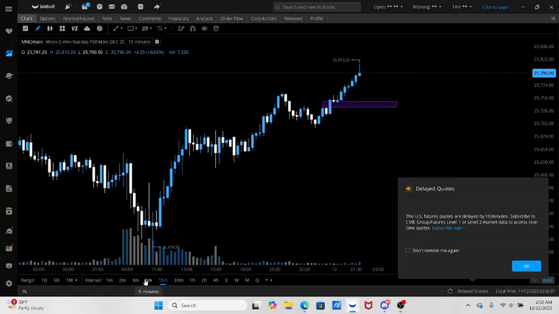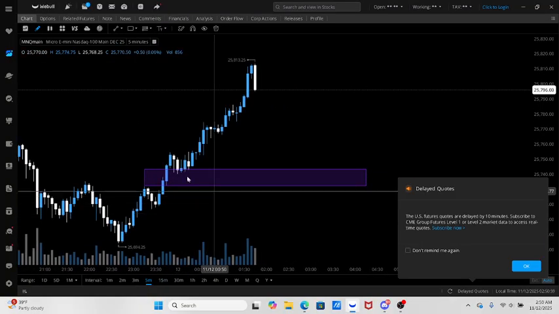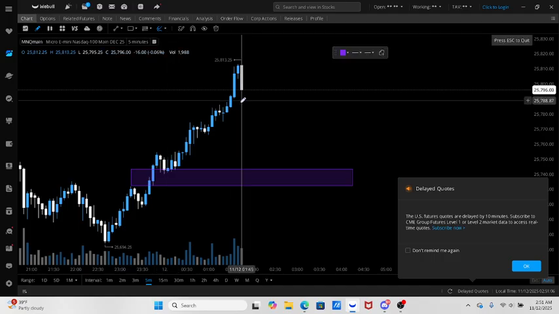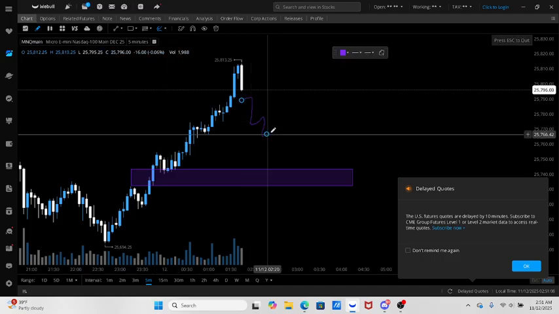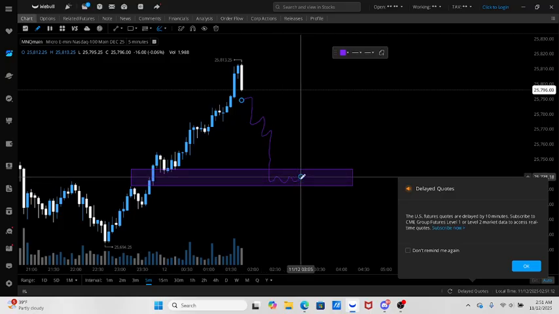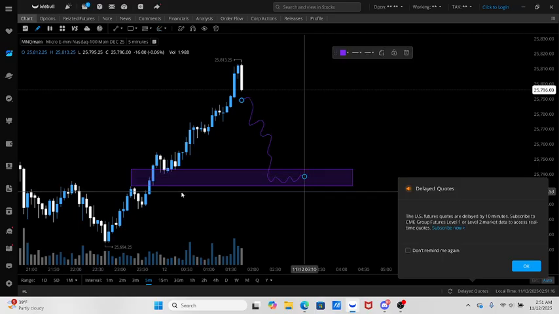Like I was saying, say we were to come down here, this is what I would look for. Say we do something like this. I want it to come down, hold that, maybe even dip down into this order block right here.